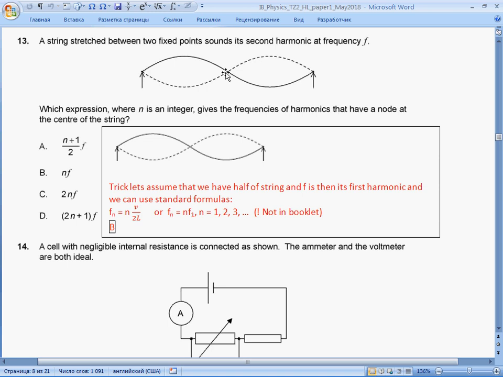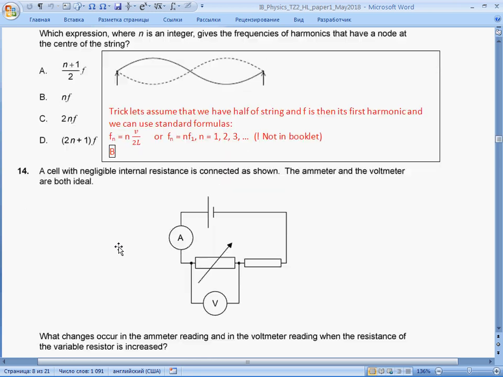So this end is fixed, we can forget about the rest and consider this as a string with frequency f. For this string it will be the fundamental frequency. And we can use standard formulas which are not in the booklet. I recommend you to copy this formula. So the formula of harmonics where n equals 1 is the fundamental. So we choose answer B.